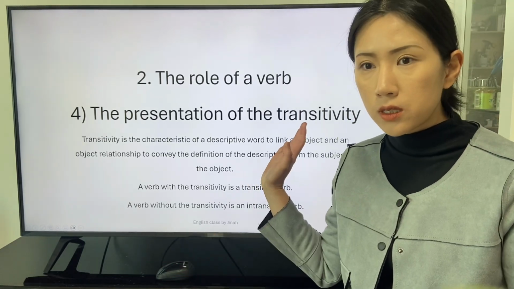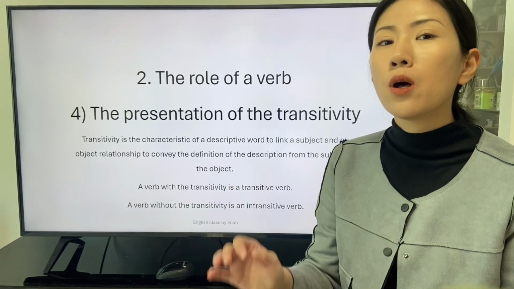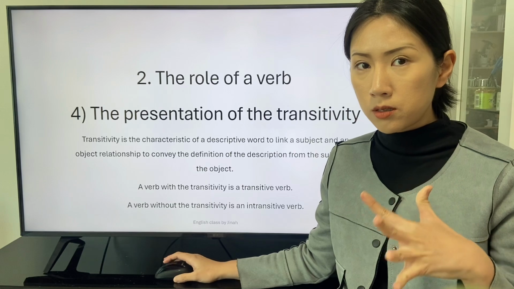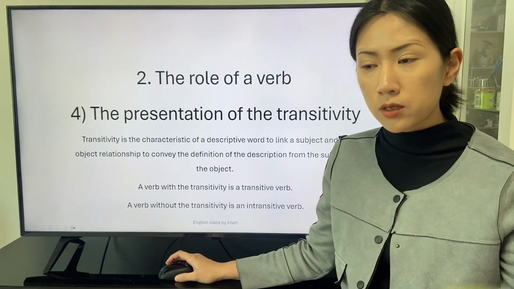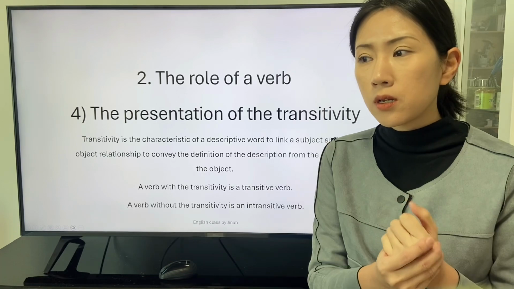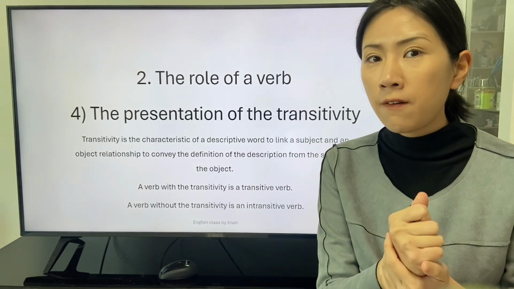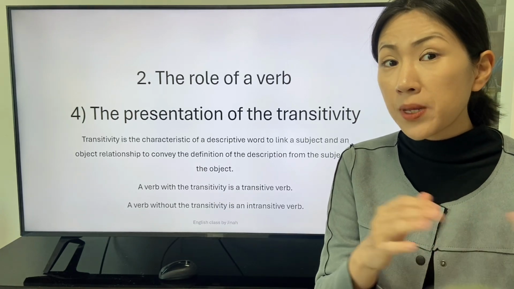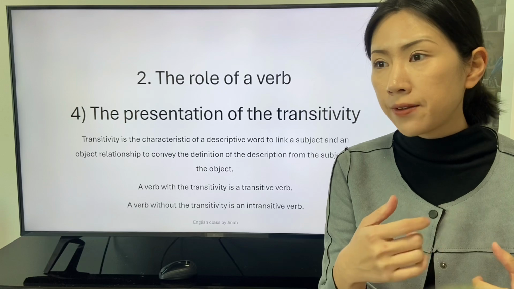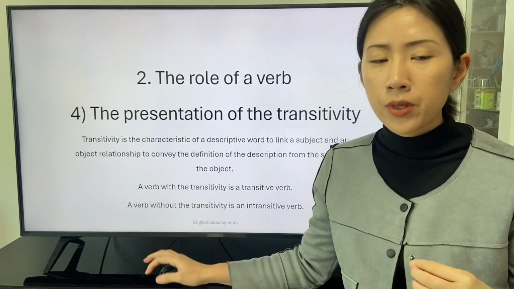We've studied the transitivity of a verb on the very first class with the object. Not only a verb has the transitivity. The descriptive word originated from a verb has the transitivity as well.